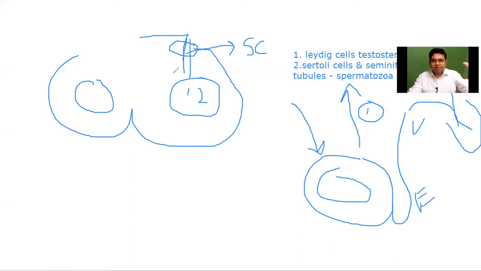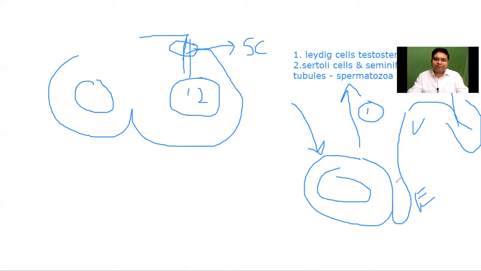Any problem with the testis, epididymis, vas, or vessels, mainly the veins, or maybe the fat can cause a fatty tissue lipoma or something like that, will obviously cause scrotal discomfort, right?